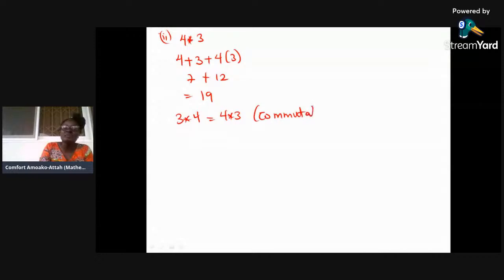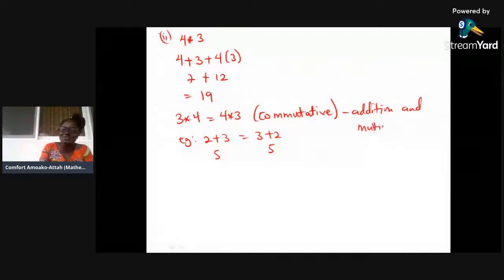For example, you know commutative property: 2 plus 3 is also equal to 3 plus 2. 5, 5. So under commutative, we have addition and multiplication. So take note. An added question for you.